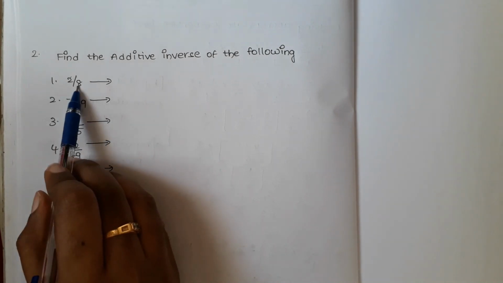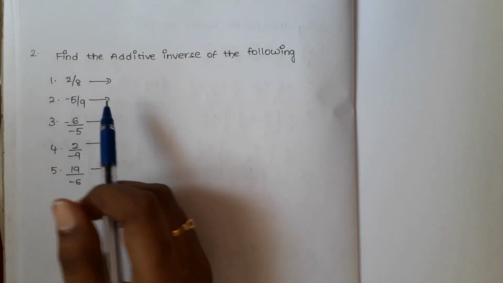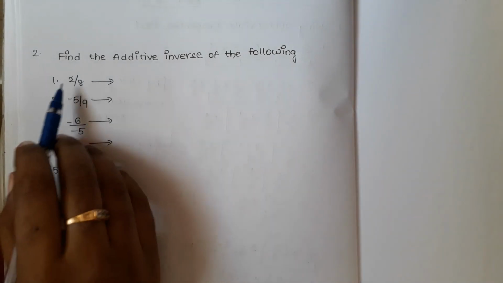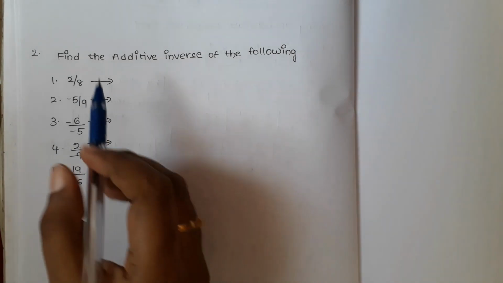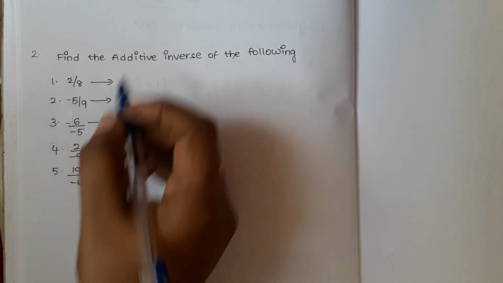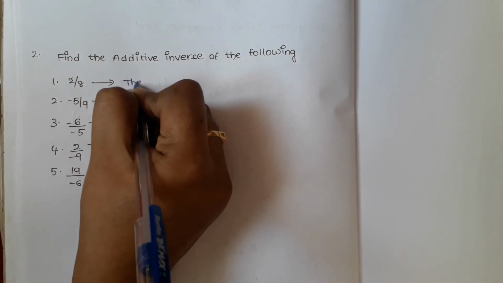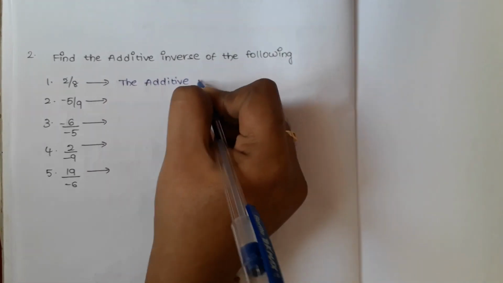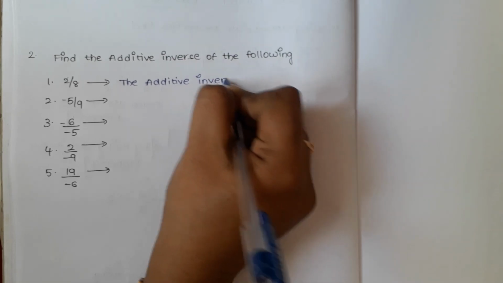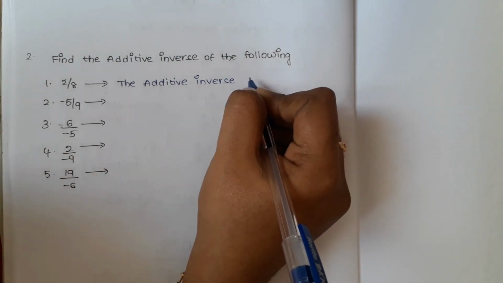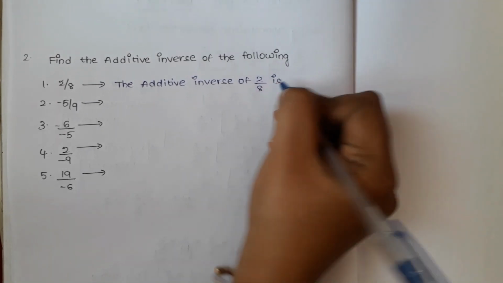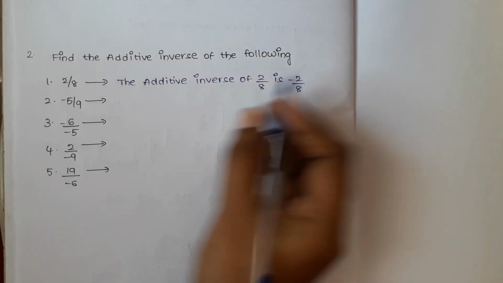First problem is 2 by 8. As we saw in the previous video, the additive inverse is nothing but the negative of a number. First we will solve these 5 problems. The additive inverse of 2 by 8 is minus 2 by 8.